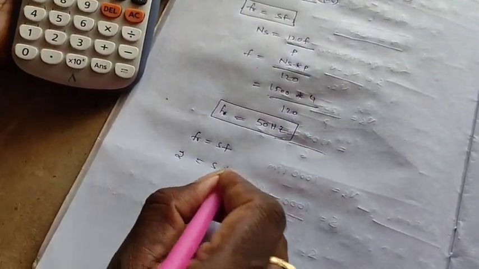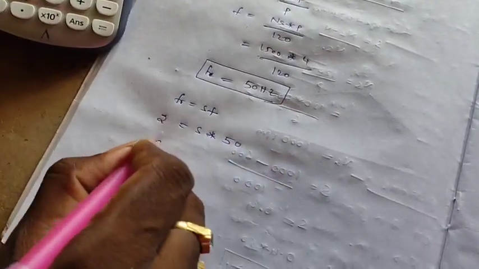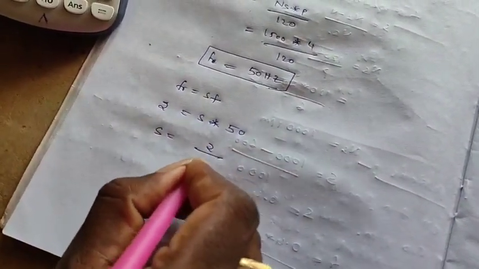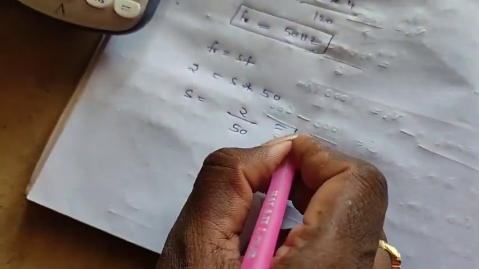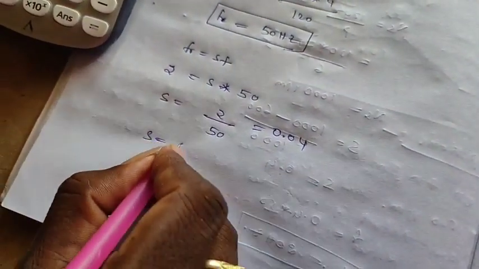Fr is 2. Slip we don't know. Frequency is 50 Hz. The slip is 2 by 50, that is 0.04. So we can determine slip is 0.04.